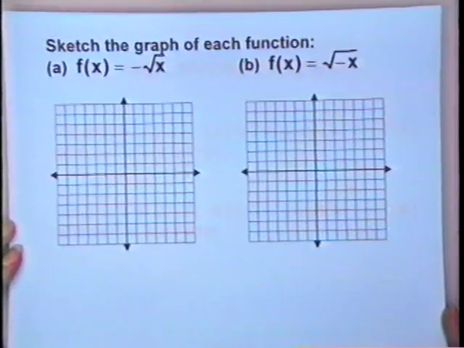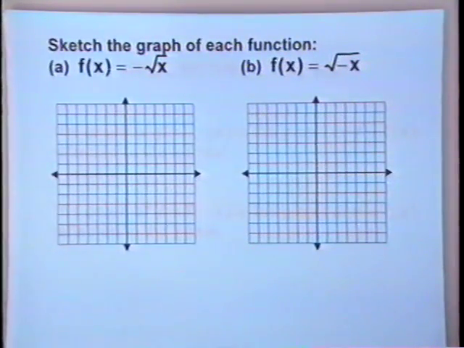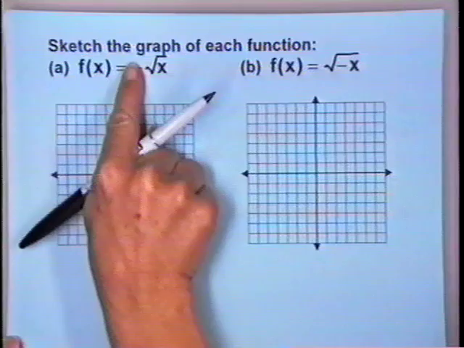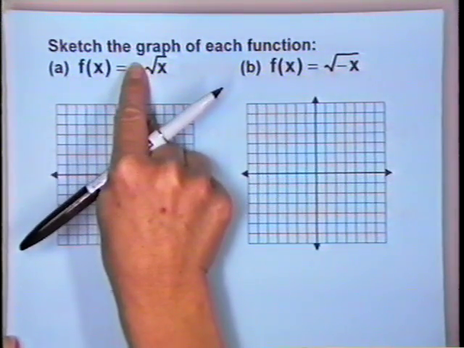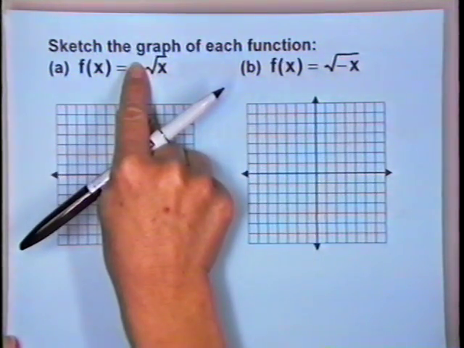This says to sketch the graph of each of these functions. In part A, our function is f of x is equal to the negative square root of x. So again, I want you to think about if that negative sign were not there. If we just had y equals the square root of x, do you recall what that graph looked like? Now, for most people, this is not quite as familiar as the y equals x squared graph is.